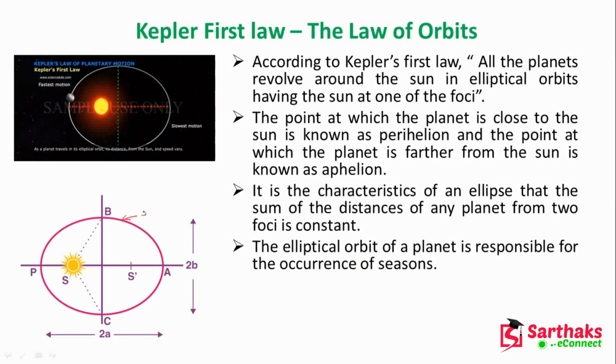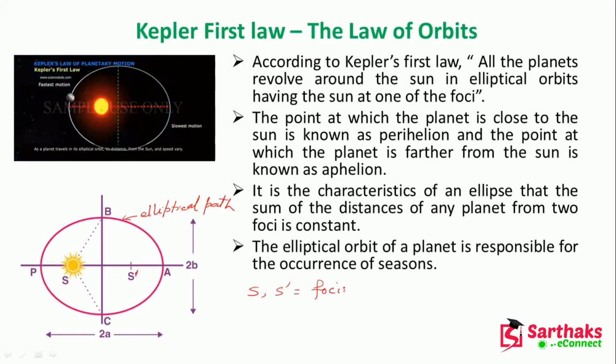This one is our elliptical path, and in this elliptical path we have foci, this is S dash. Now, Kepler's first law: all the planets revolve around the sun in elliptical orbits having the sun at one of the foci. So here S and S dash are the foci.